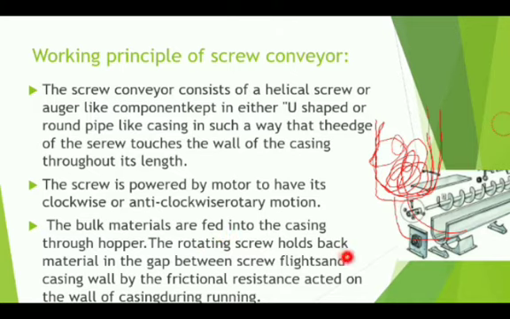The rotating screw holds back material in a gap between the screw, and that is passed continuously.